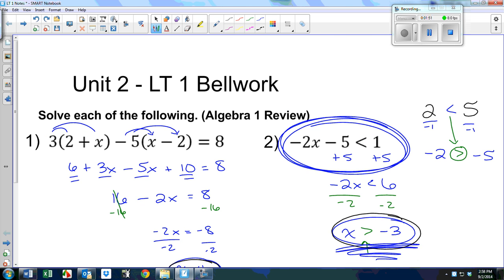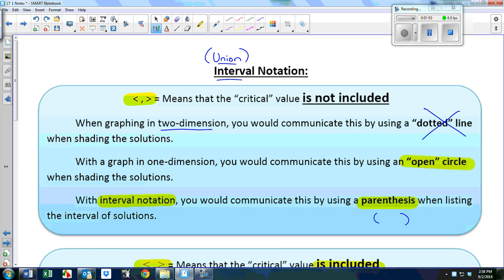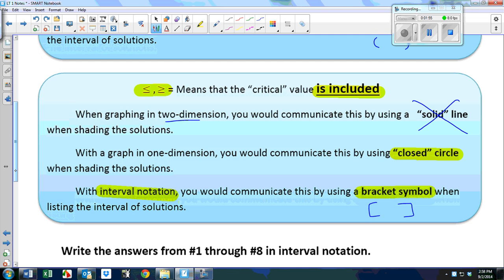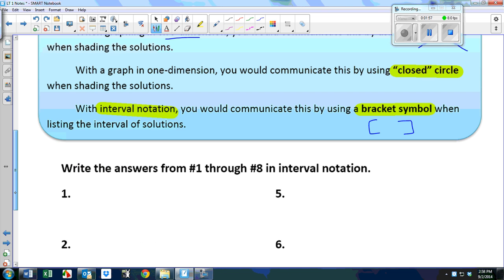According to our little box here, when they are included, we use a bracket. So number 1, in interval notation, is bracket 1, 5, close the bracket. And you're telling the reader that the solution set goes from 1 to 5. I kind of jokingly refer to interval notation as the text message of solutions because it's just about as short as you can write the answer.